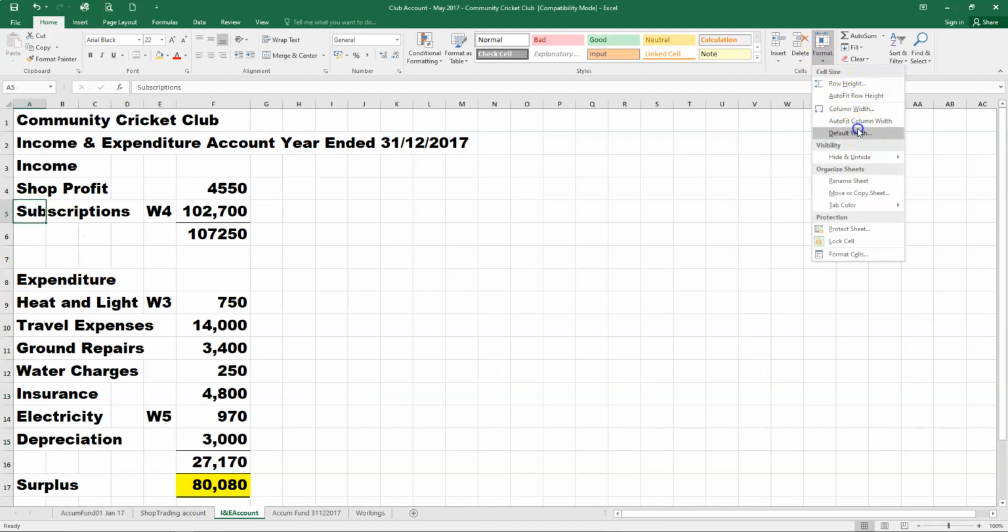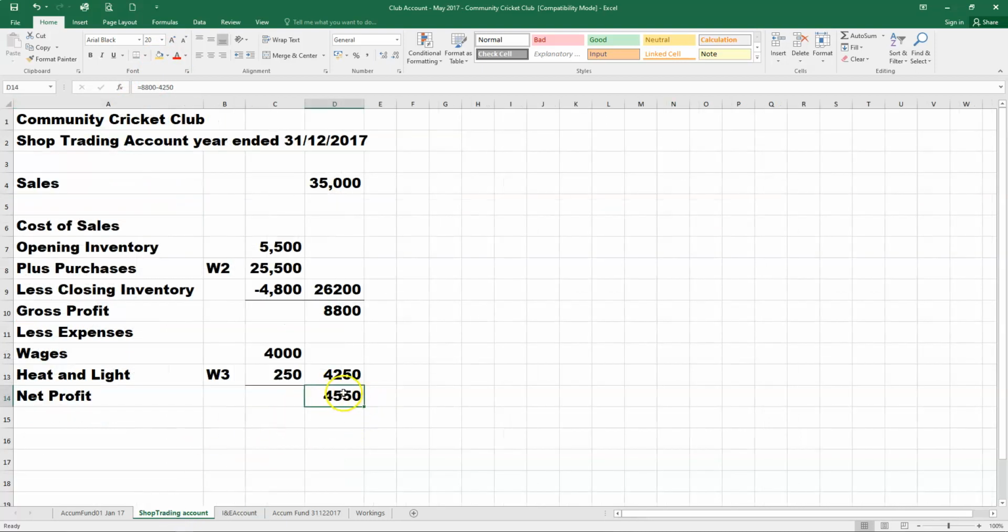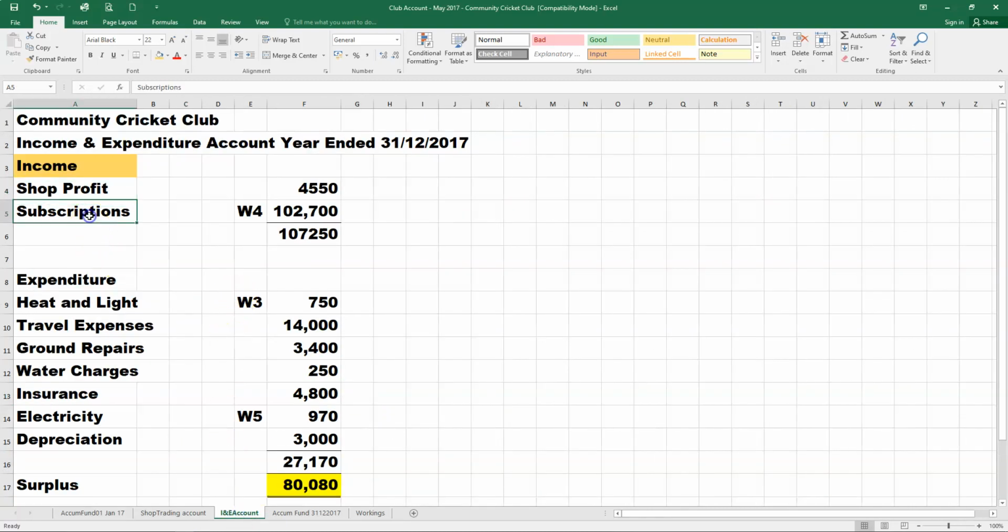Okay, so we're going to set that up now. So we're going to have Community Cricket Club, Income and Expenditure account, and this is for the year ended the 31st of December 2017, and you're starting off with your income section first. So we have our shop profits, our first item in here, and that came over from my shop trading one here, 4,550. Then my subscriptions, which came from working 4.